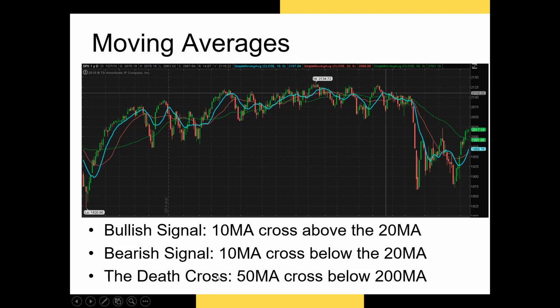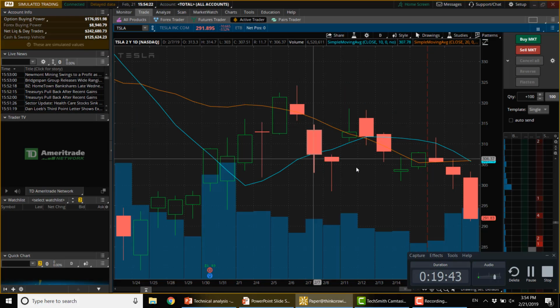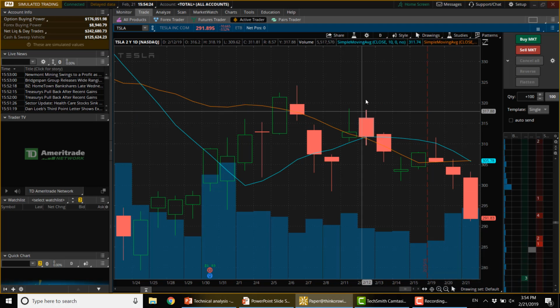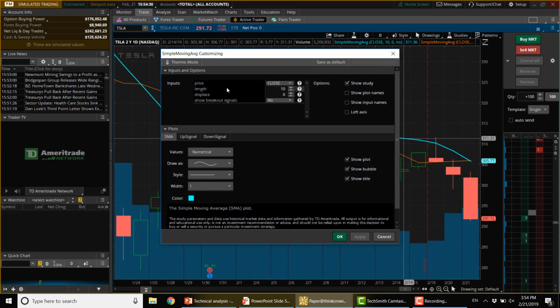And this is one of the strongest technical analytical signals, or the one that you might hear talked about the most on CNBC. So let me just go ahead and show you what that looks like. So I'm going to go up here to edit each of my charts.